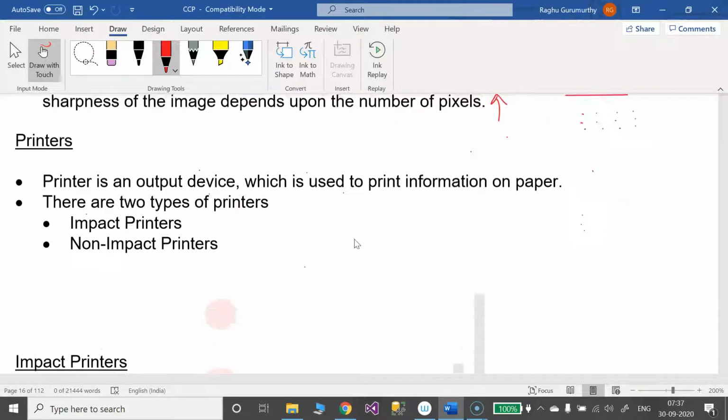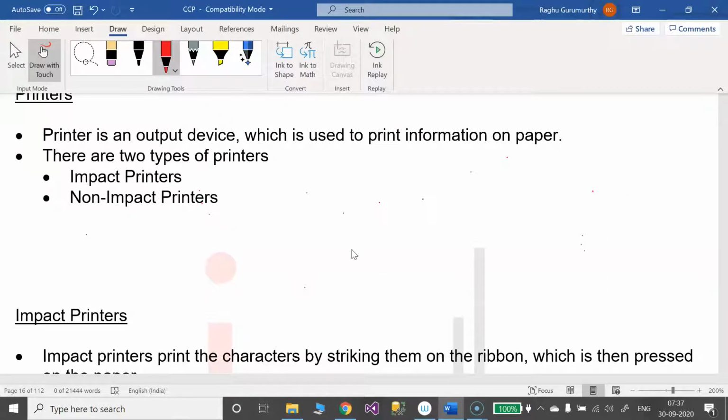Later followed by printers. You know that in order to print our output on paper, we need to go for printers. So printers are classified into two types. One is the impact printer.